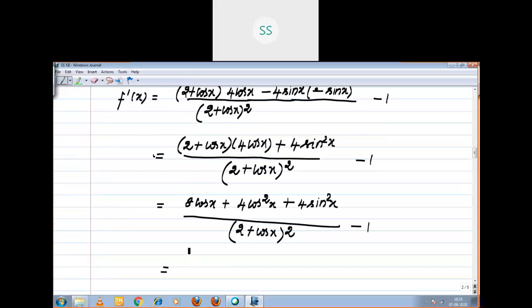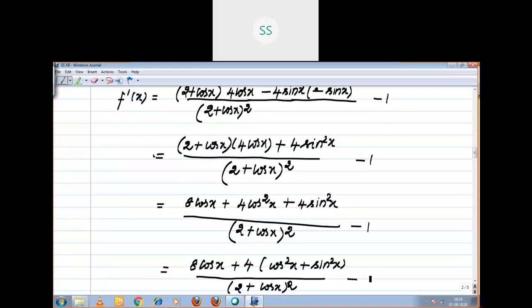Then you have to take a common 4: 8 cos x plus 4 into cos square x plus sin square x divided by 2 plus cos x the whole square minus 1. Right?